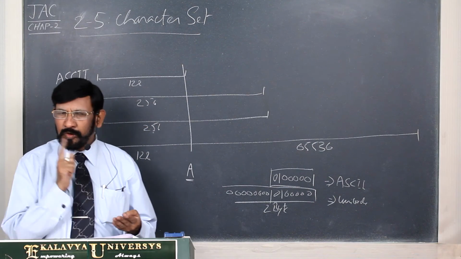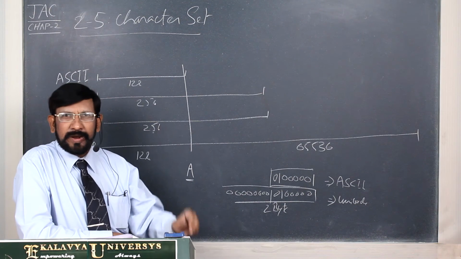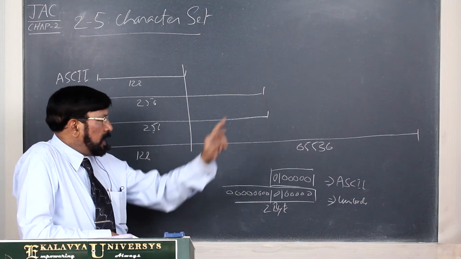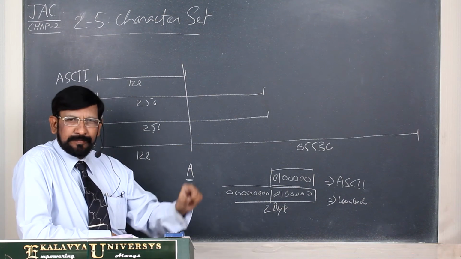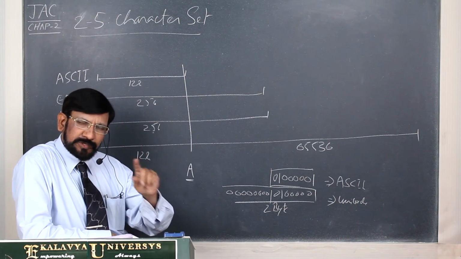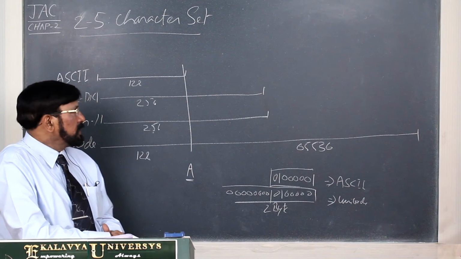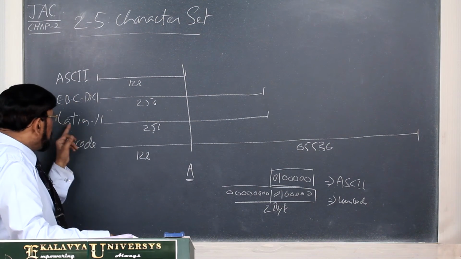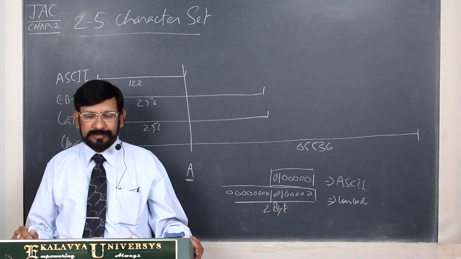Java is Unicode based. Java's character length is 2 bytes or 16 bits, and in ASCII, each character length is 1 byte. Actually, it uses only 7 bits, not 8 bits. That point also you have to remember. As far as EBCDIC and Latin 1 are concerned, 1 byte, those are 8 bits.